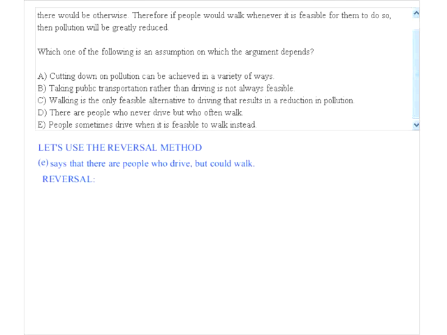But let's try this in 2 steps. The reversal is it is not true that there are people who drive when they can walk.